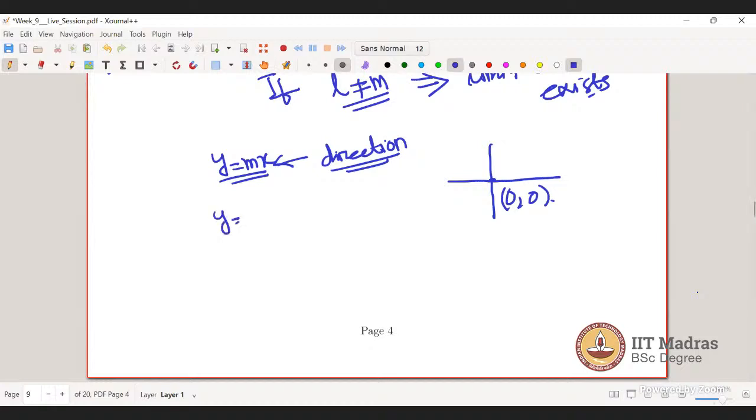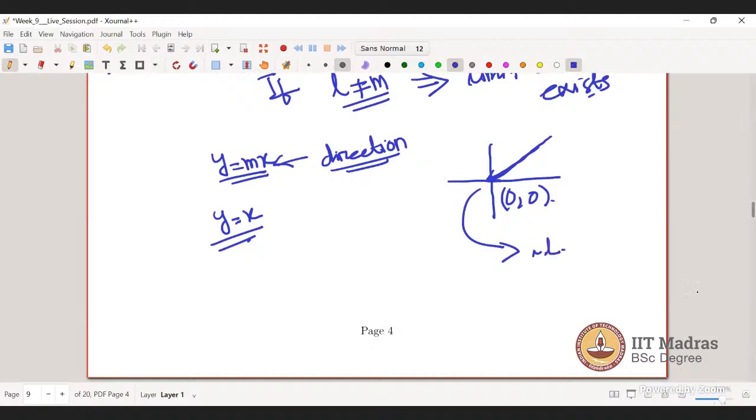If you take y equal to x, this line, you are talking about the limit of the function in this direction when you come to 0,0 using this line. You will get some value.